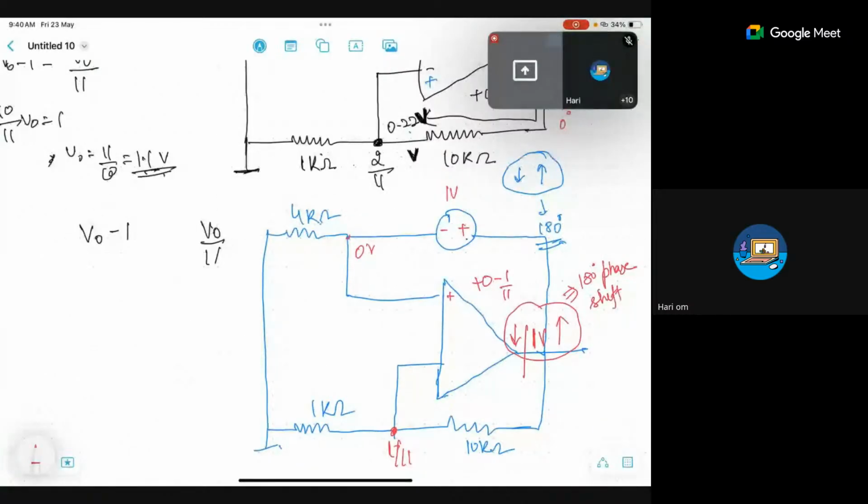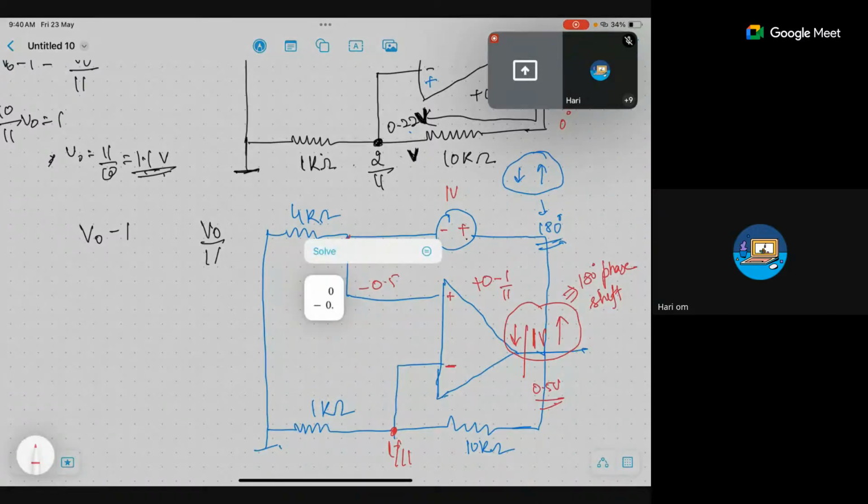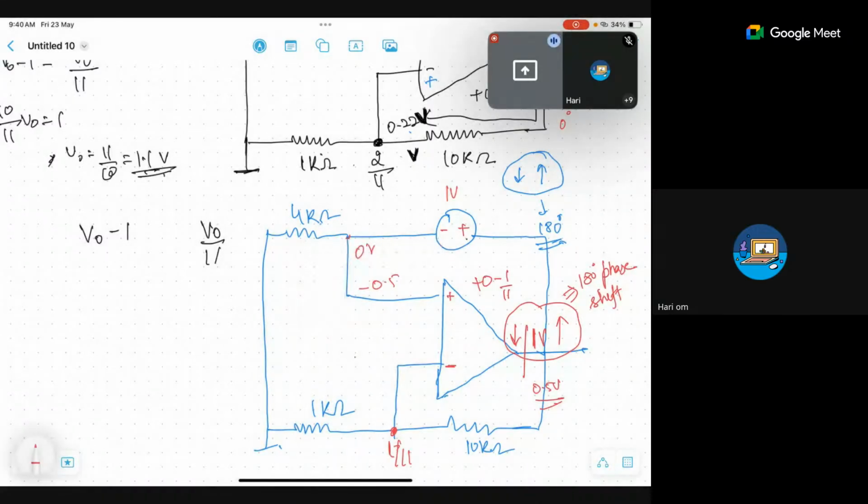Okay, if I add, this becomes positive, this becomes negative. If I increase the voltage by 0.5 volt, here we are getting minus 0.5, and here we are getting 1 by 22.